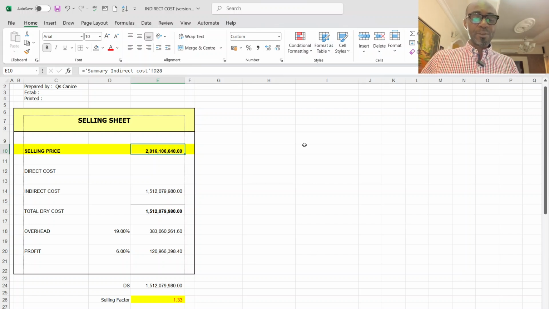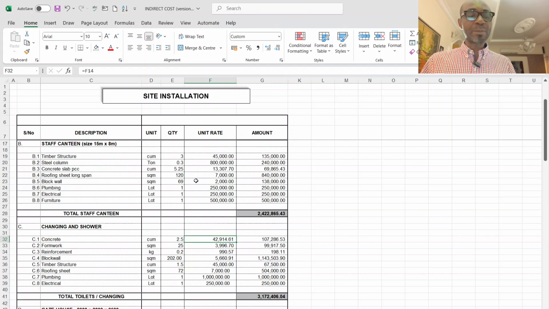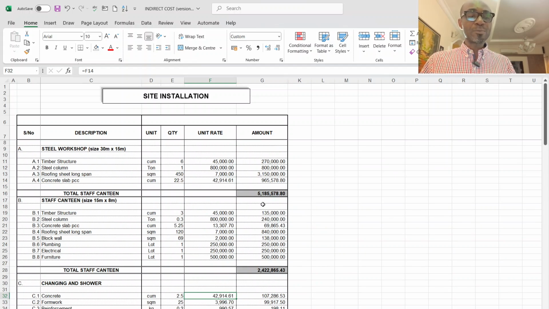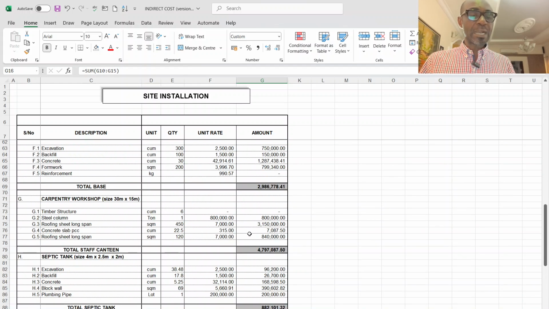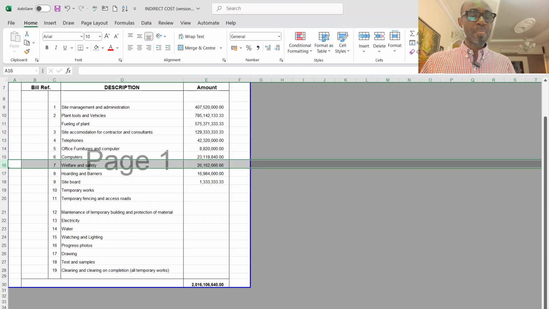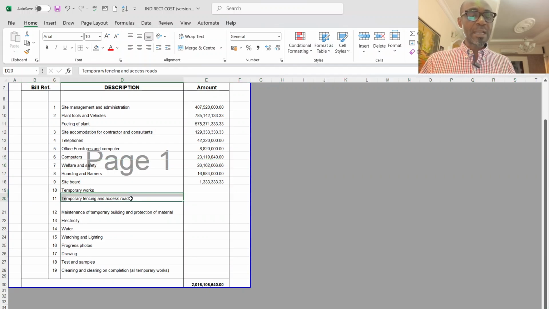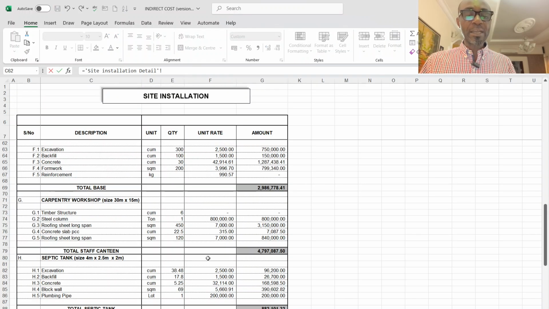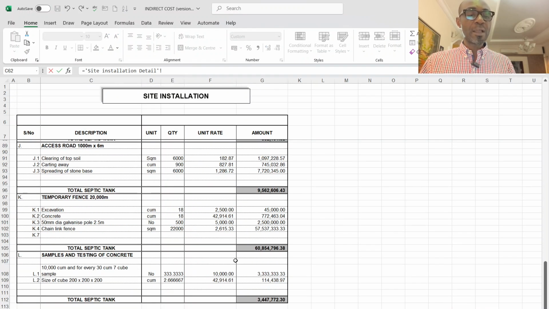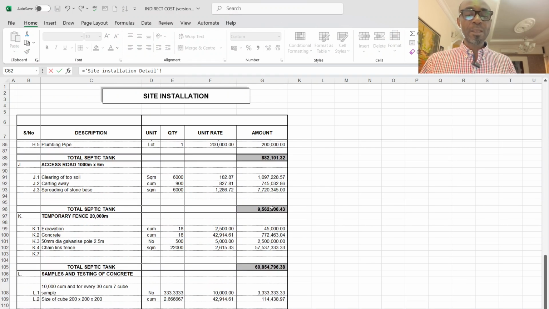So, having said this, I will now sum up all of these. I take out the access road, since here we have the access road and the fencing together. I come to this place now. I pick the access road.